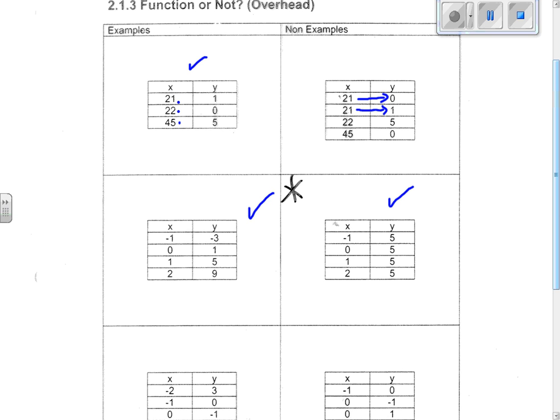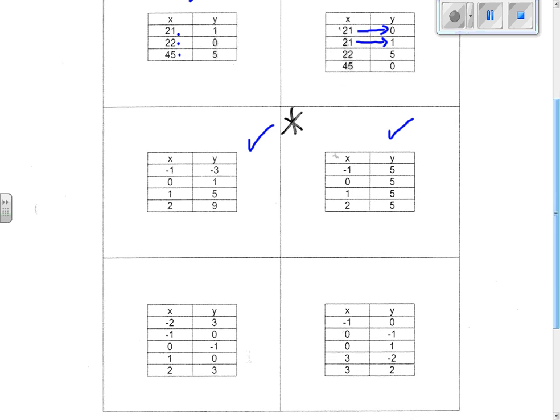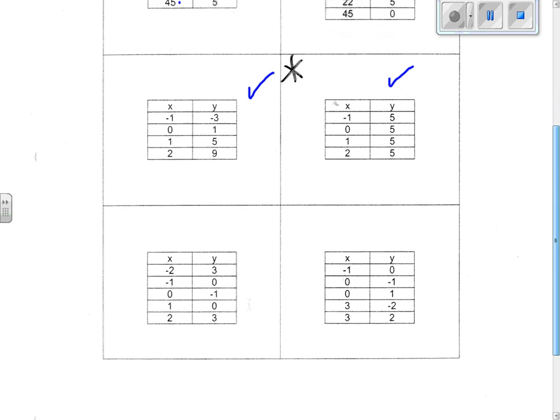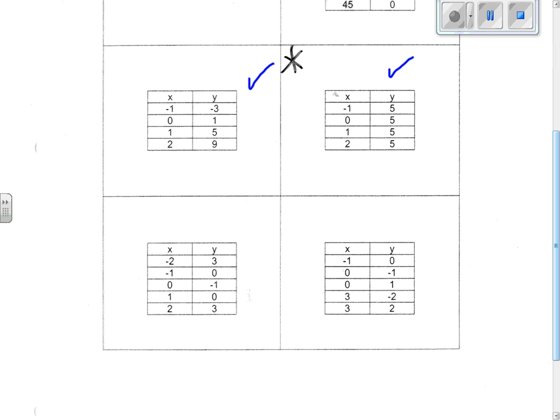It is in the wrong column, but each x value maps onto one y value. Even though that y value is the same in every case, that's okay. This one is a function. Each x value maps onto a y value, but this one is not because 0 has two possible answers, and 3 has two possible y values. Not a function.